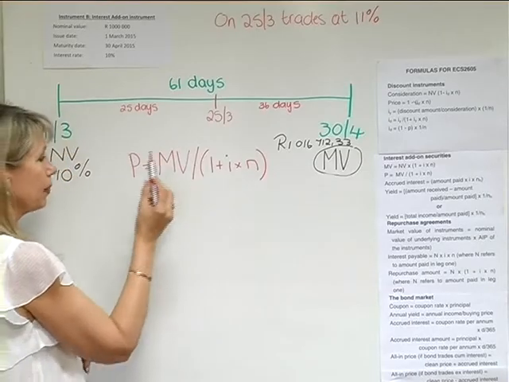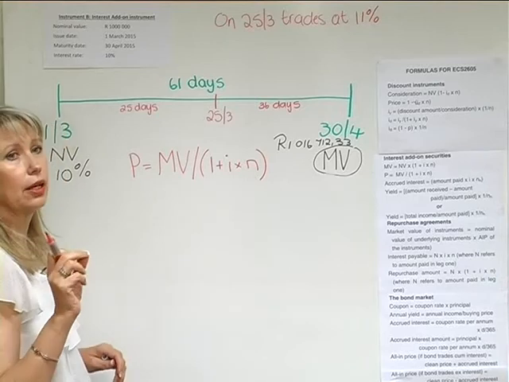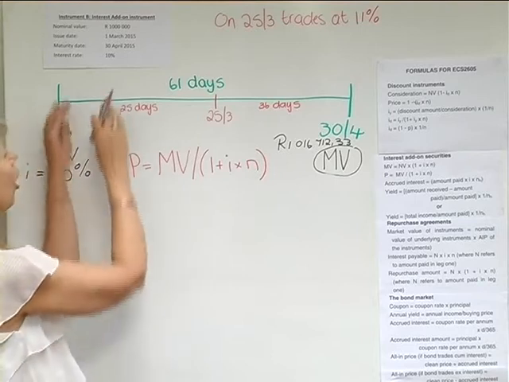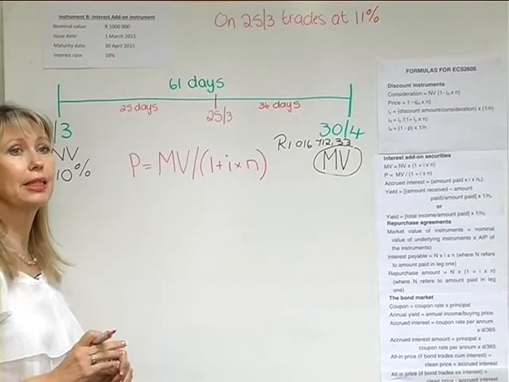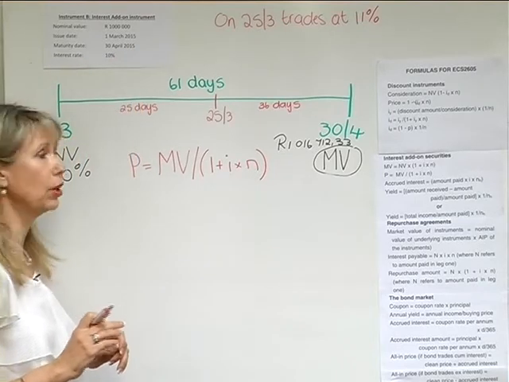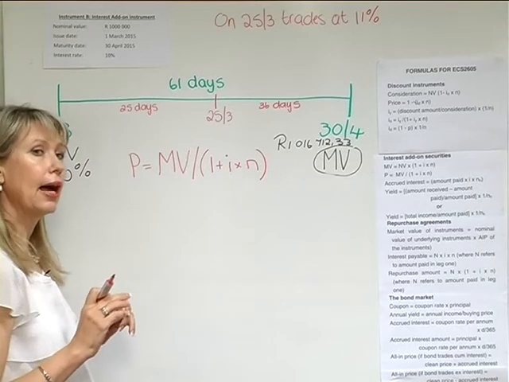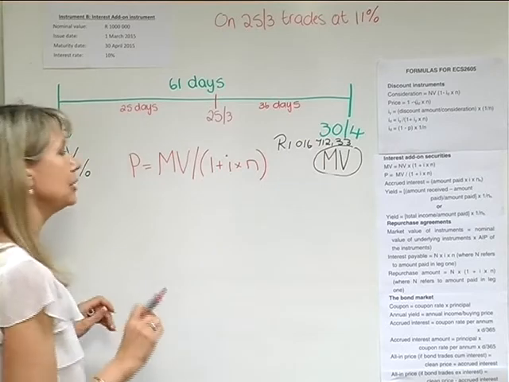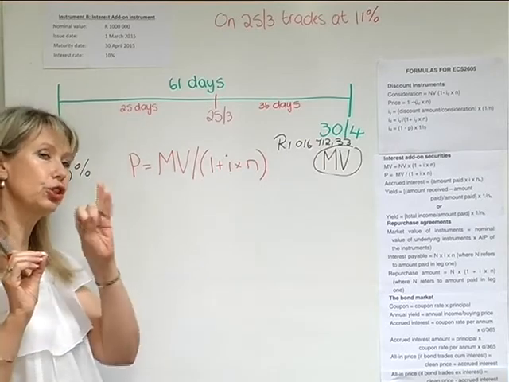Right. Now, sometimes when you are asked to calculate the consideration of an interest add-on instrument trading in the secondary market, you will not have already calculated the maturity value. So sometimes you will need to do two steps.